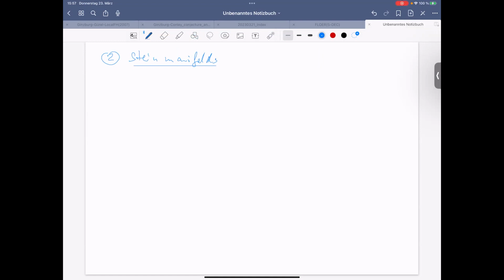Okay, so a complex manifold. Now we take an integrable complex manifold. I will still write it as a pair V, J. J is the almost complex structure, but I assume its Nijenhuis tensor vanishes, so it's integrable. So it's really a complex manifold.